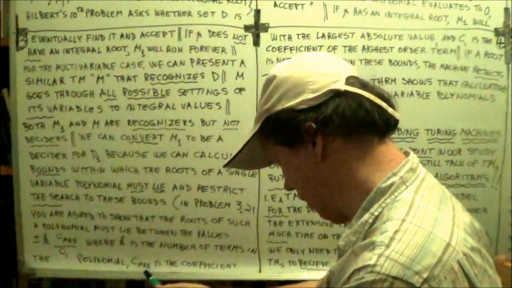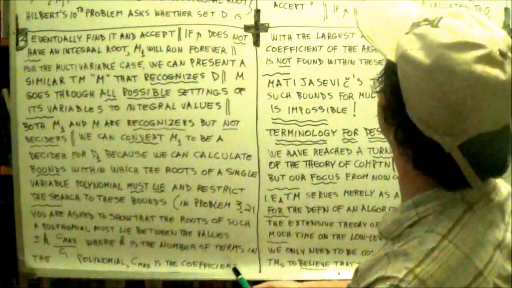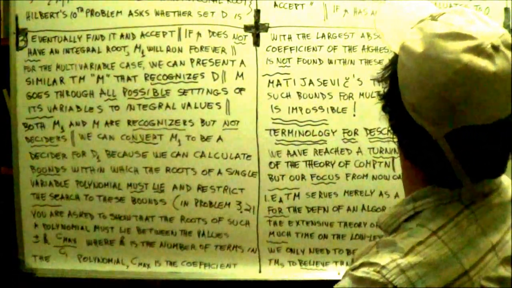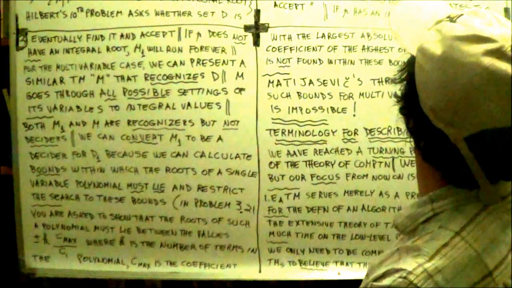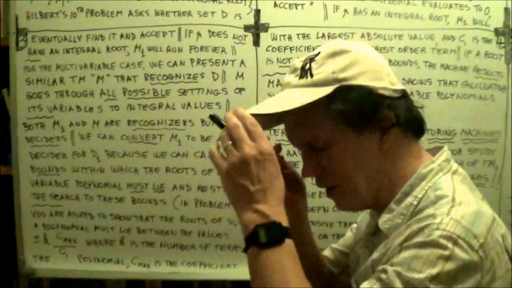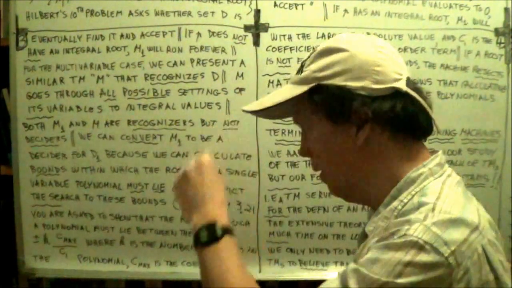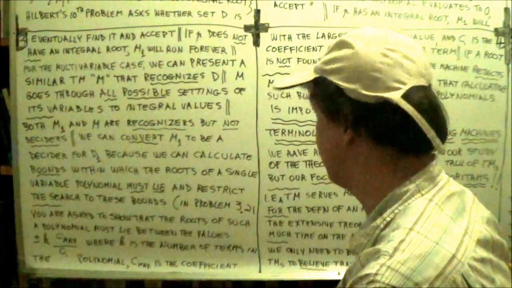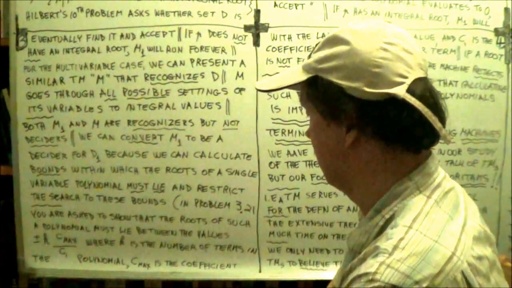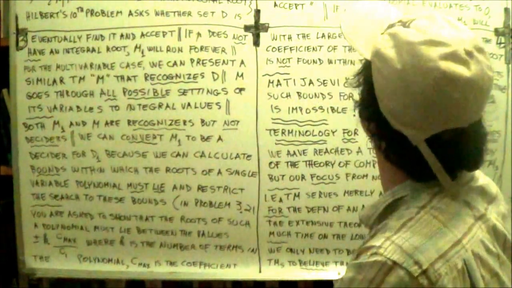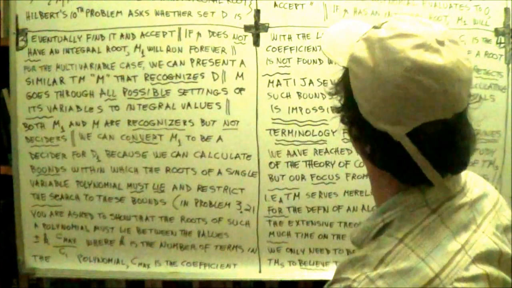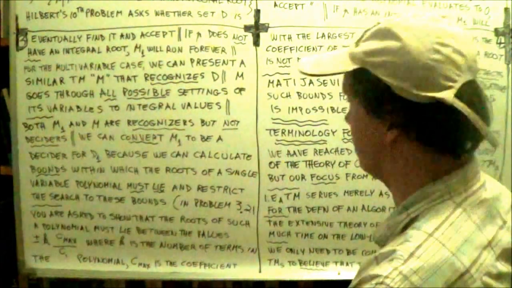And what's c max? That's the coefficient with the largest absolute value. Well, the largest absolute value is 7, so c max would be minus 7. And what's c1? c1 is the coefficient of the highest order term.